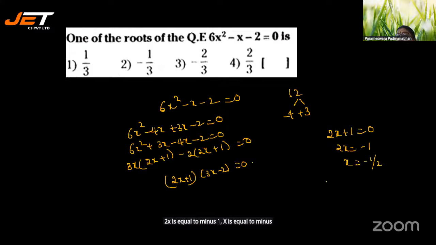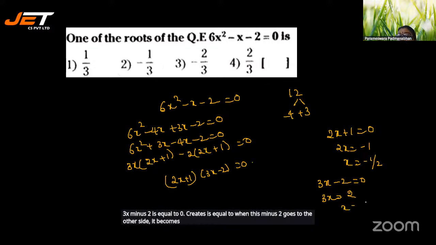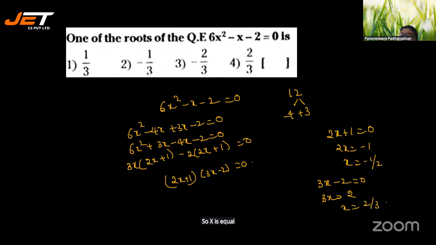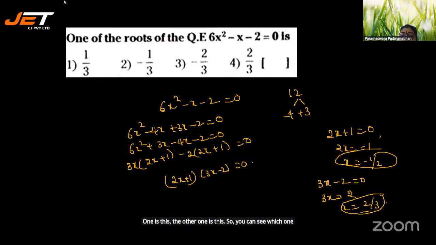How about the other root? 3x minus 2 is equal to 0. 3x is equal to, when this minus 2 goes to the other side, it becomes plus 2. So x is equal to 2 by 3. So you have two roots, one is this, the other one is this. You can see which one is given in the option.